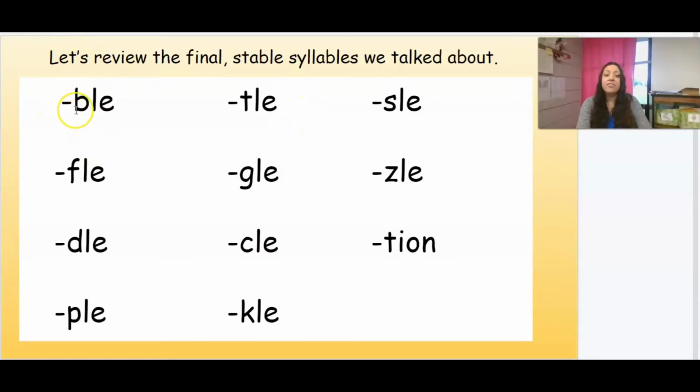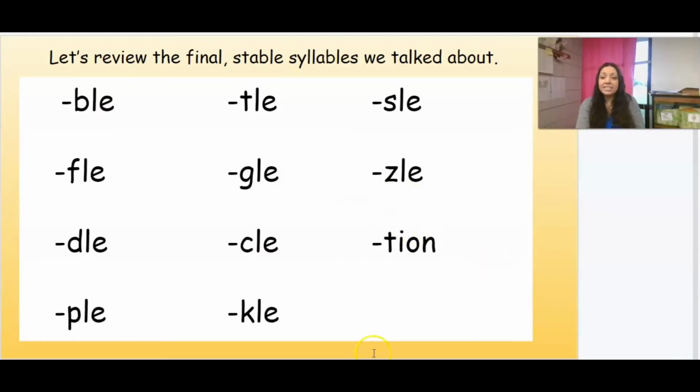So I have final syllable B-L-E, final syllable F-L-E, final syllable D-L-E, final syllable P-L-E, final syllable T-L-E, final syllable G-L-E, final syllable C-L-E, final syllable K-L-E, final syllable S-L-E, and final syllable Z-L-E, and then final syllable T-I-O-N.